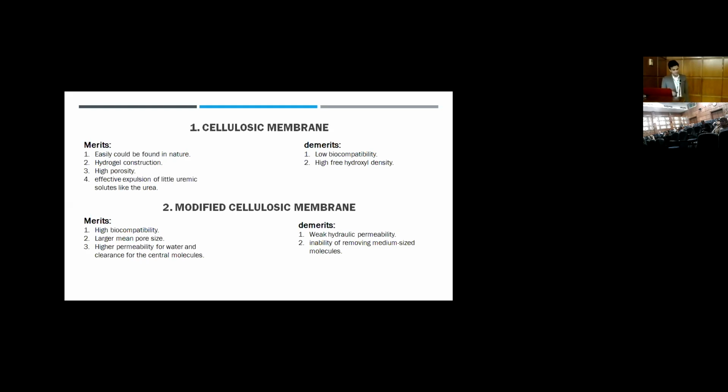The very new trend is that a group of Iranian researchers experimented for the first time with the usage of electrospun nanofiber membranes in hemodialysis, and they found very promising results, as they found that it's as commercially usable as the synthetic membranes in hemodialysis, and also it has the same advantages of the synthetic membranes.